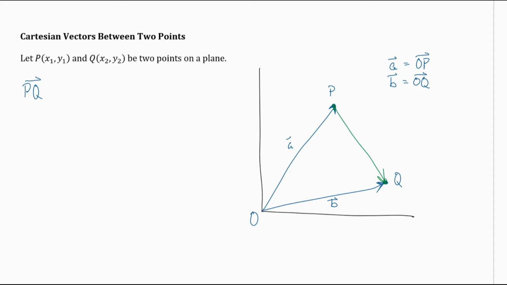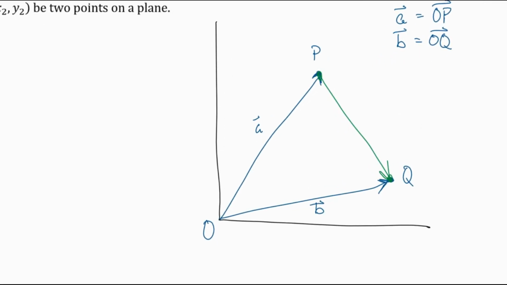But how do I figure out how I would describe this vector as if its tail were on the origin? Well, to go from P to Q, I just draw a diagram like we did yesterday when we were doing those diagrams. I just follow along from the start to known coordinates.